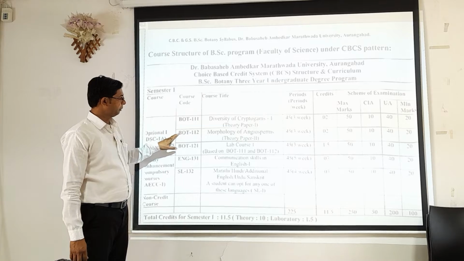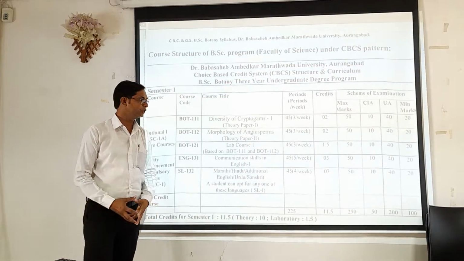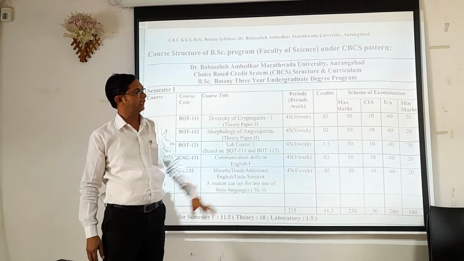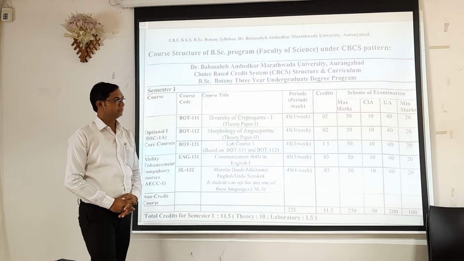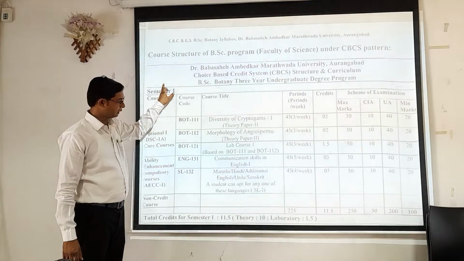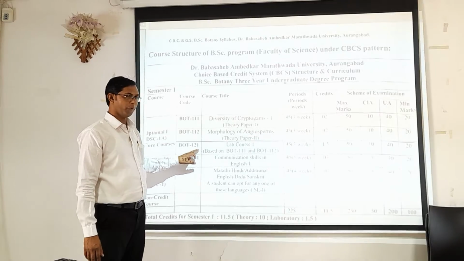Now the second paper is BOT 112, that is morphology of angiosperms, and it also has 2 credits, with 50 marks maximum and 20 marks minimum. Likewise, in semester 1 there is a practical, that is BOT 121.